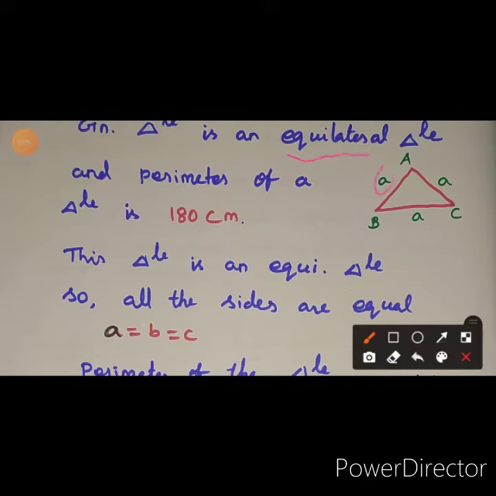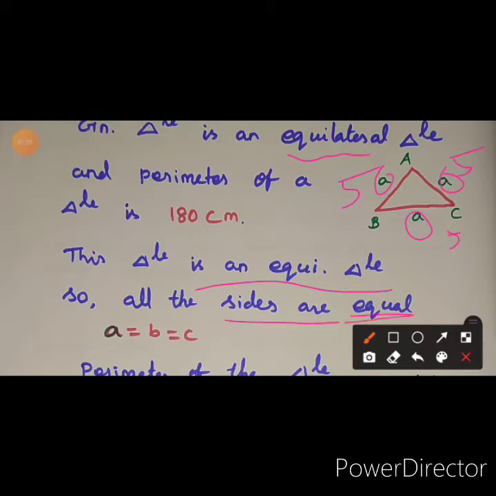For example, here A to B is 5 centimeter, B to C also 5 centimeter, C to A or A to C also 5 centimeter. This is an equilateral triangle, so all the sides are equal.